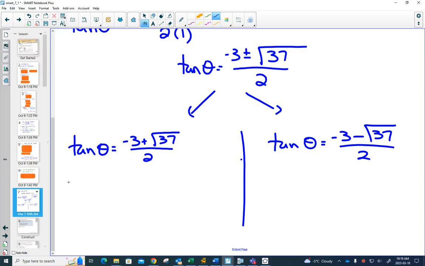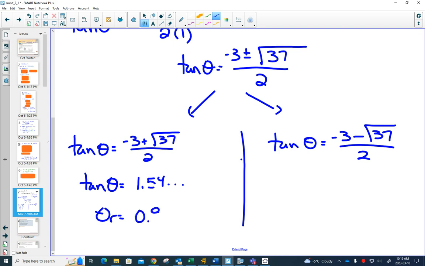So first of all, I'm going to find out what negative 3 plus the square root of 37 over 2 is. Because it's going to be a decimal, it's much easier to see that this is positive. I find my reference angle by doing tan inverse of this.